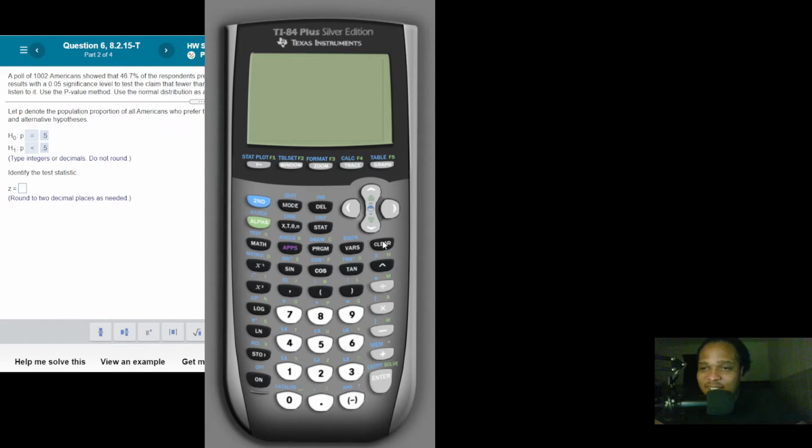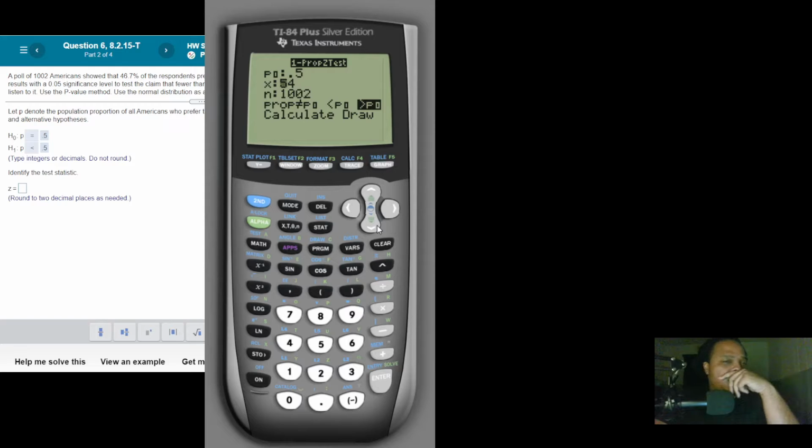All right, test statistic. Let's go to your 1-PropZTest. All right, our claim number is going to be 0.5. Let's put our sample size since we're here. 1002 is our sample size. Now it says that 46.7% of them prefer to watch the news than to read or listen to it.